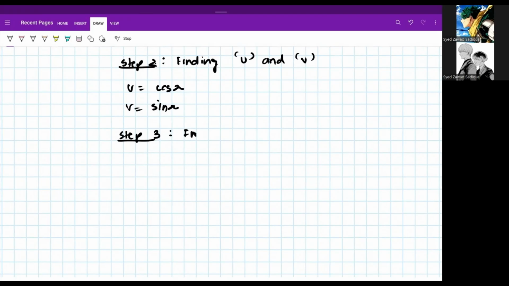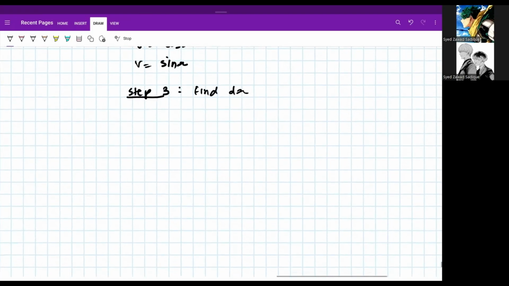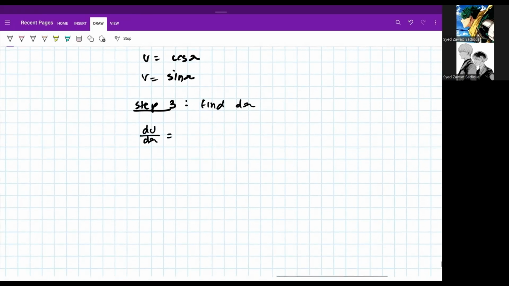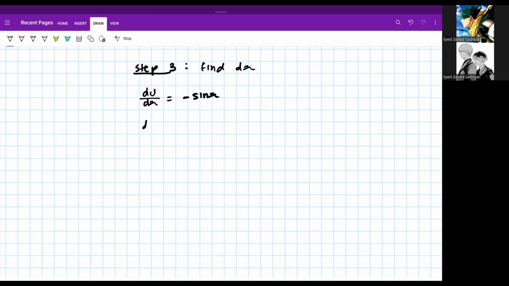Then our next step is to find dx. We have to find a substitution for dx so that we can place it in our substitution. So we can say du by dx is equal to minus sine x. Right. So du is equal to minus sine x dx.